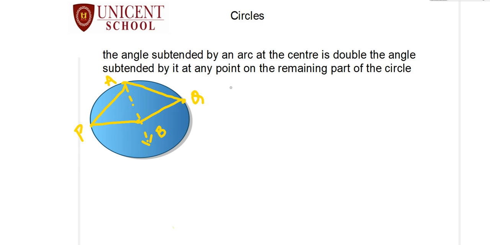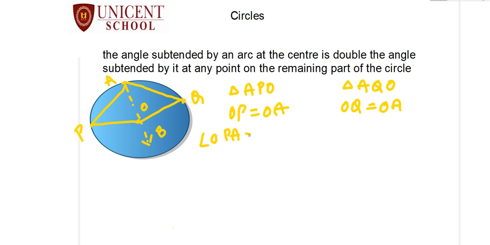Let's make the center O. We will compare the 2 triangles, triangle APO and triangle AQO, again. If we compare, we have OP equal to OA and OQ equal to OA, as they form the radii. And we know that angle OPA is equal to angle OAP, that is, angles opposite to equal sides are equal.